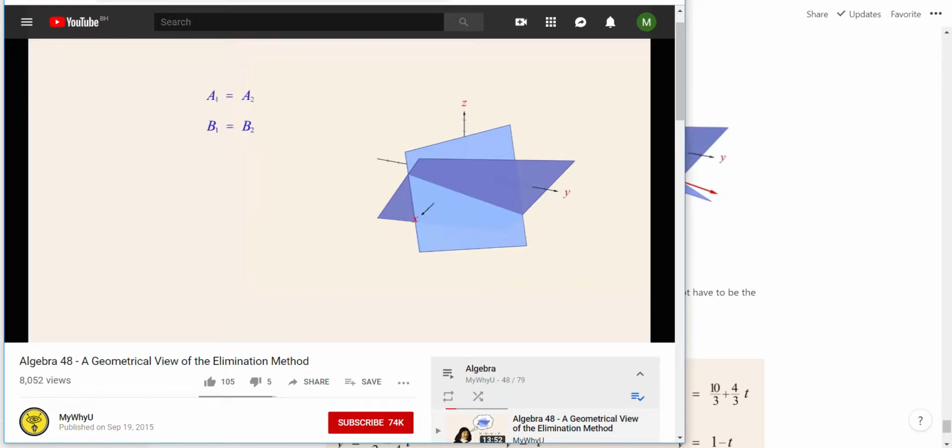Now let's add equations A and B to produce a new equation. Since the intersection of the graphs represents all the points at which equations A and B are both satisfied, at every point on the line of intersection, expressions A1 and A2 have the same value, and expressions B1 and B2 have the same value.